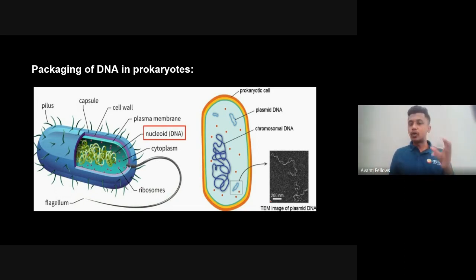Since prokaryotes are very primitive organisms, they do not have very sophisticated proteins like eukaryotes. Instead, within the nucleoid region of our prokaryotes, they have special proteins called scaffold proteins. You just have to remember this word scaffold, okay? The scaffold proteins are non-histone proteins that are present in our prokaryotes.